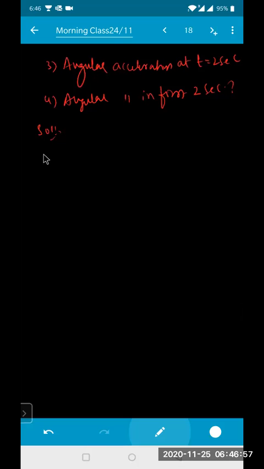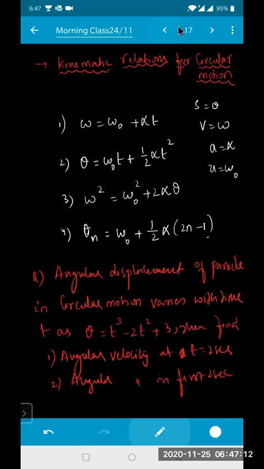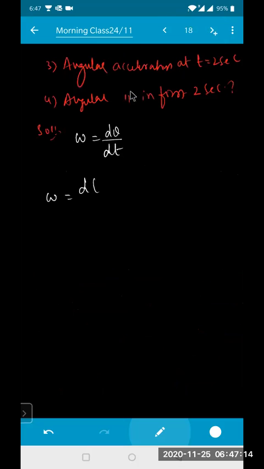Theta is given. For the first one, angular velocity is asked. Omega is equal to d theta by dt. So omega is the differentiation of theta, that is, of t cube minus 2t square plus 3, divided by dt.